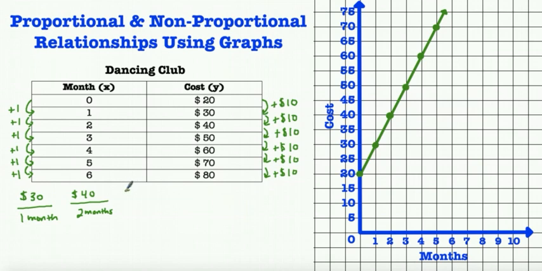Then it's $50 the third month. Then it's $60 the fourth month. $70 the fifth month. And $80 the sixth month.